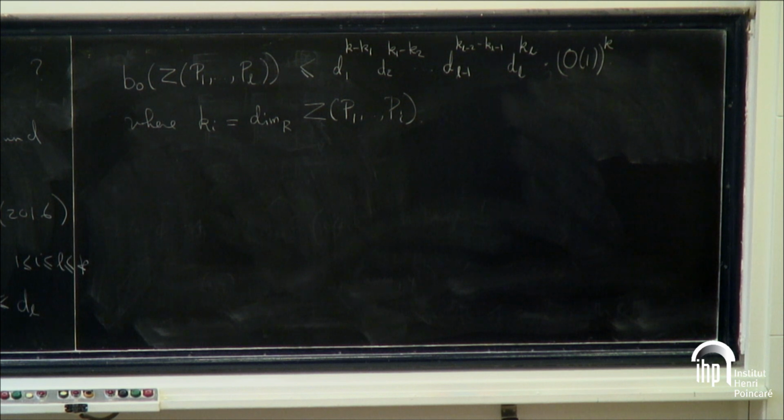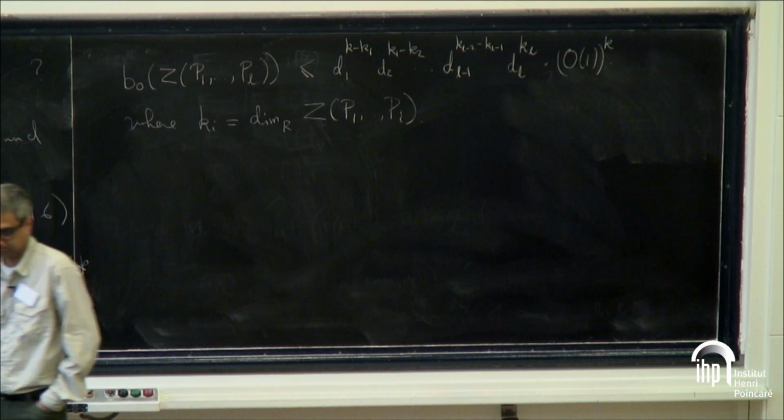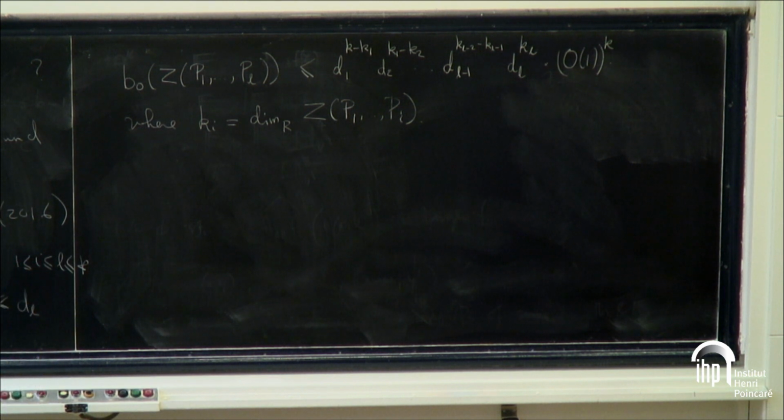So I'll say a few words about the proof of this, which follows somewhat this idea of replacing the given variety by something that's better behaved, for which you know how to control the Betti numbers.